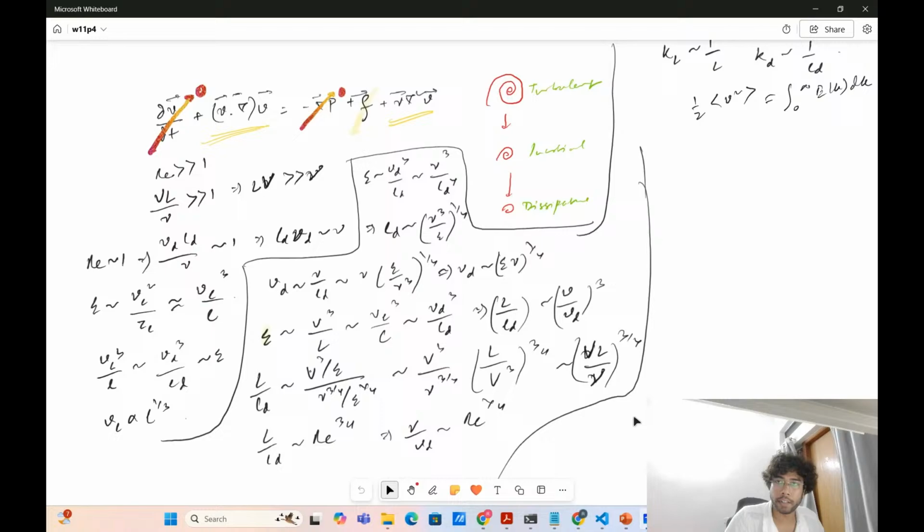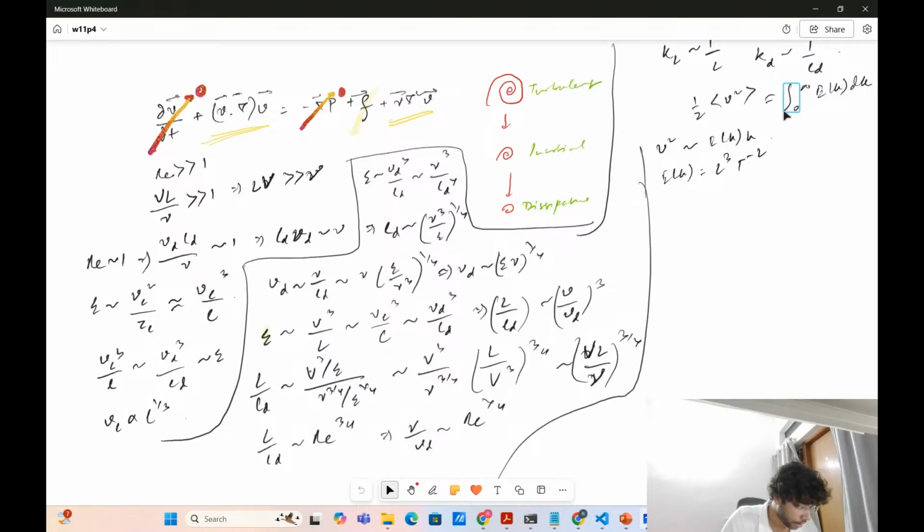So this is just the energy. The kinetic energy is equal to the energy over all K. So dimensionally, this will be like this.